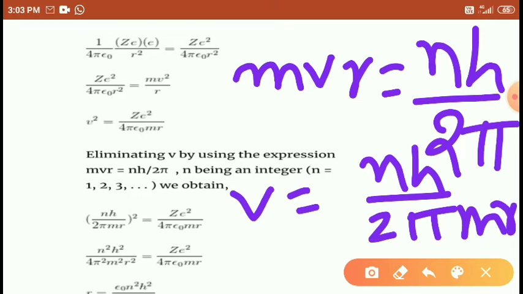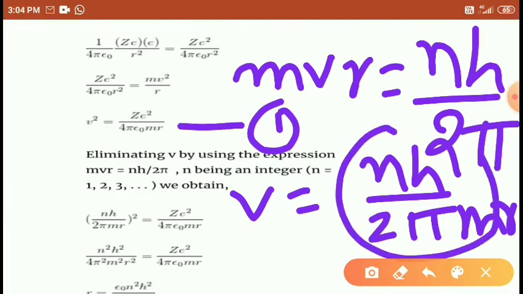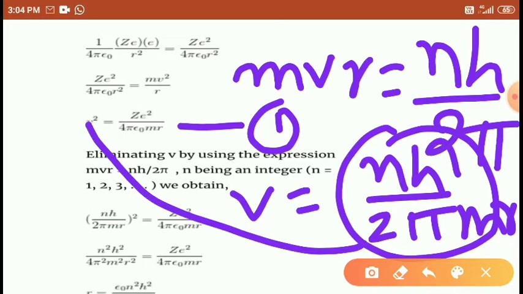So the v value is put in place of v square in this equation, that is v square means nh by 2 pi mr whole square. Right students, this value we substitute in place of v square, and it becomes like this.